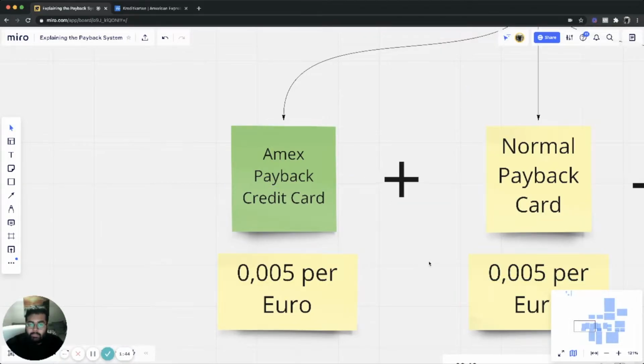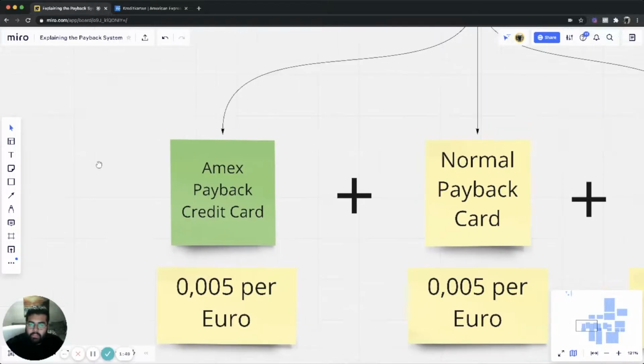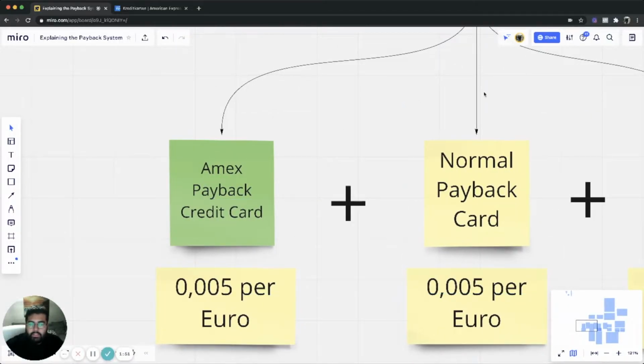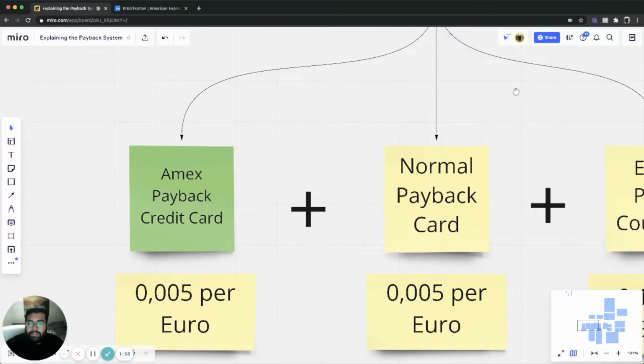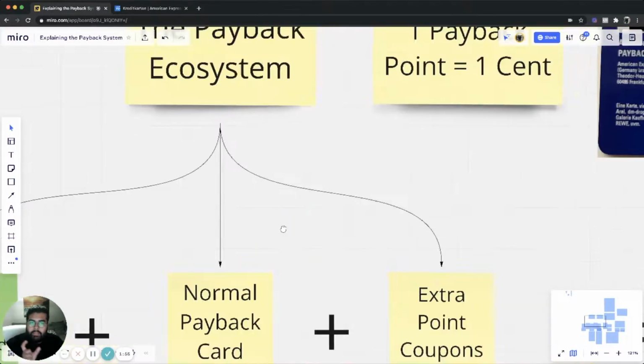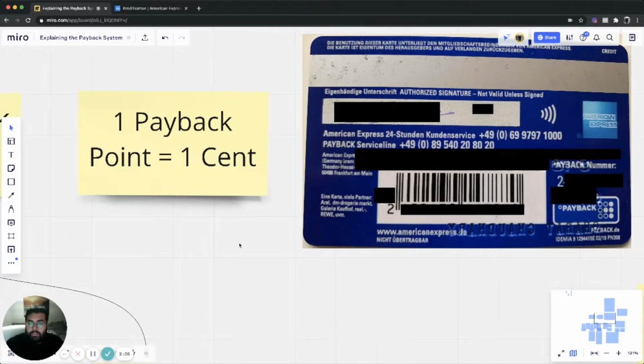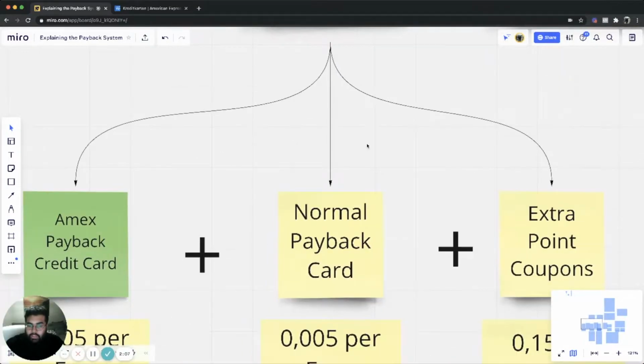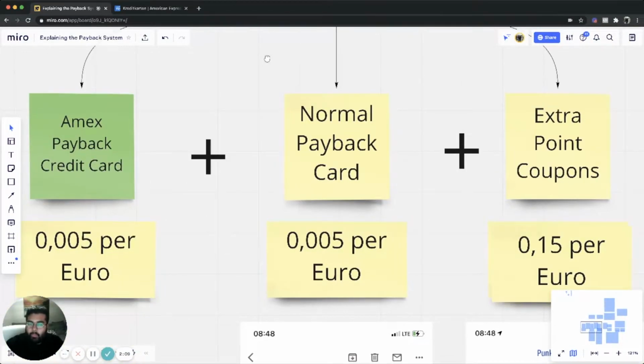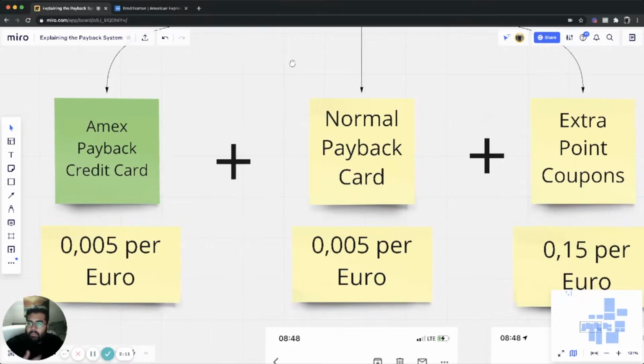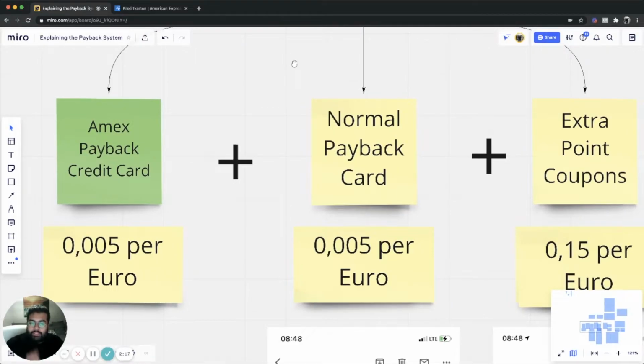That means you have paid with the card. The second is that you have used the collecting card, the barcode at the back, to get additional points. That is again 0.5 cents. So this becomes double. That means you're getting 1 cent per euro.